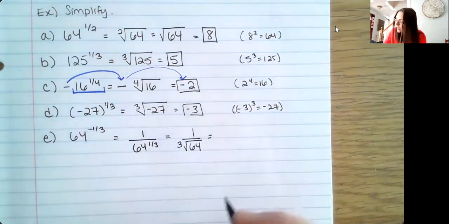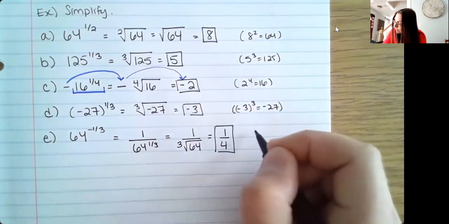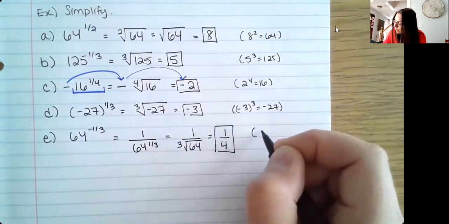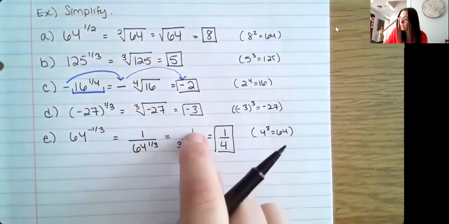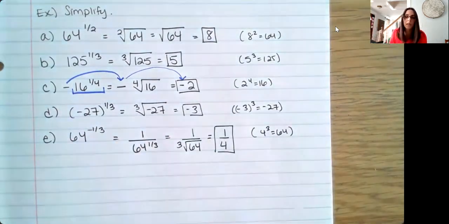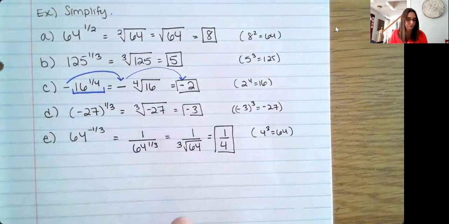And the cubed root of 64 is 4, so this actually simplifies completely. And that's because 4 cubed is 64. Now, there's nothing to do with the 1 there. The 1 is just the regular number 1. It's not in a root. So just keep that in mind. If you are using the reciprocal, if you're going from top to bottom, you can just put a 1 in the numerator.